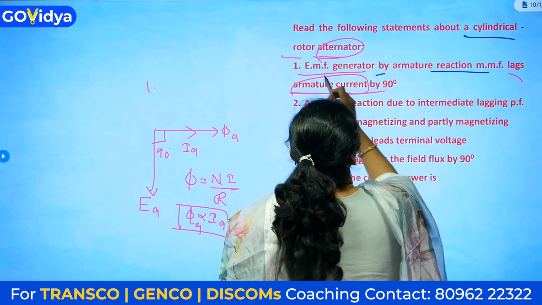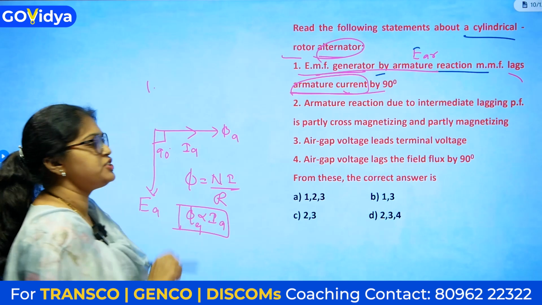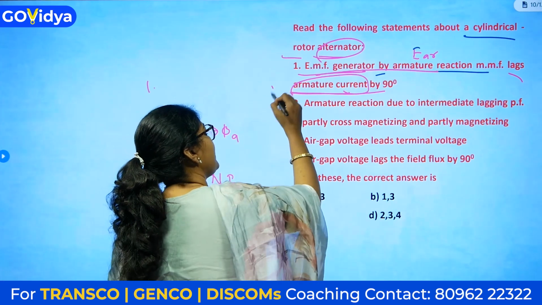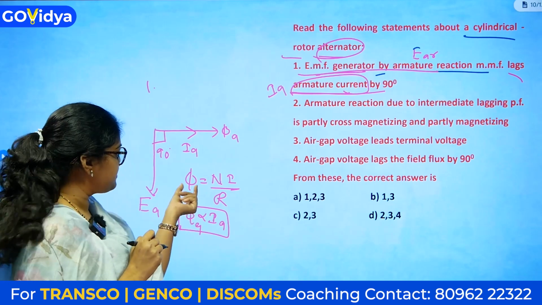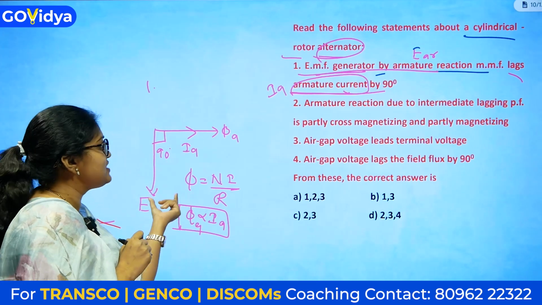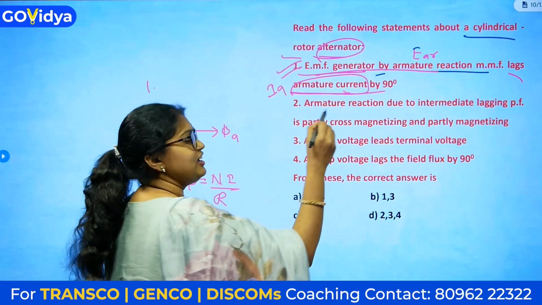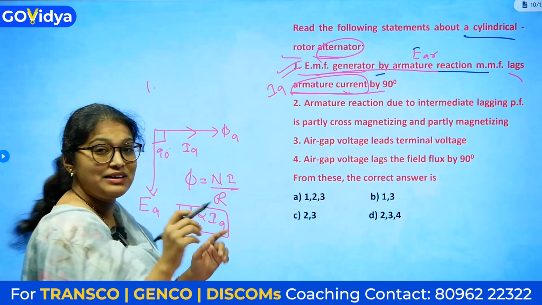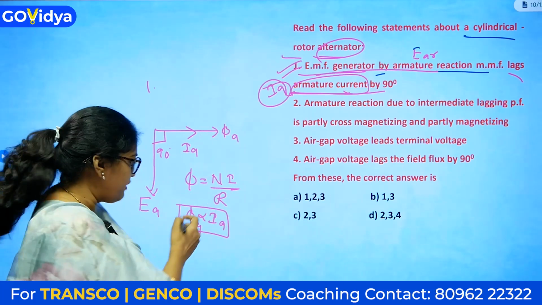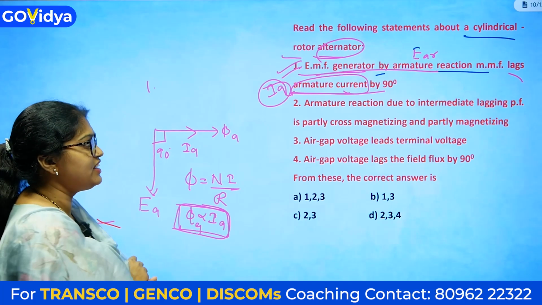Sorry, this is not the flux, this is EMF. This is armature EMF. Clear? Sorry for that. And this is armature current IA. We know phi is directly proportional to armature current. Now it lags, definitely it is lagging by 90 degrees. So option 1 is correct. If they had asked about the flux directly we could say so, but they have asked about the armature current, and we know phi is directly proportional to the armature current. So option 1 is correct.